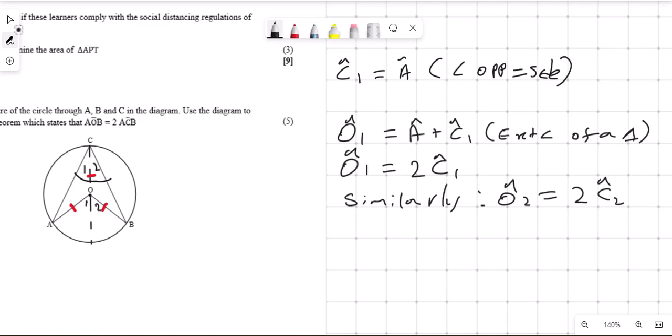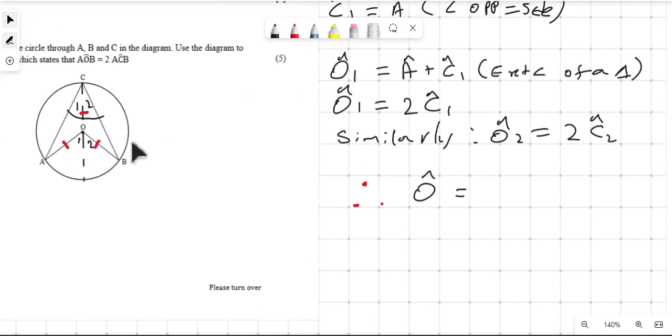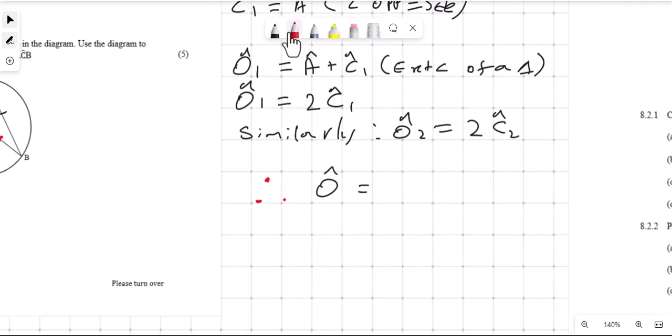Okay. Therefore, what does this mean about angle O? Therefore, angle O as a whole now, angle O is equals to what? Angle O1 plus angle O2.